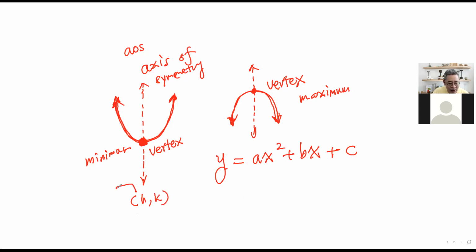So H is the X coordinate of this point. K is the Y coordinate of this point. So H, then the formula is minus B over 2A. K is 4AC minus B squared over 4A.